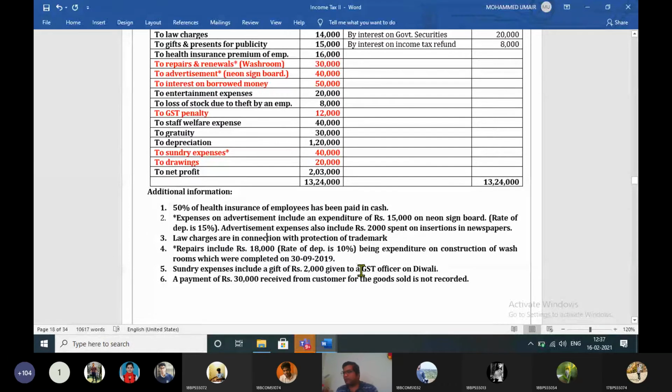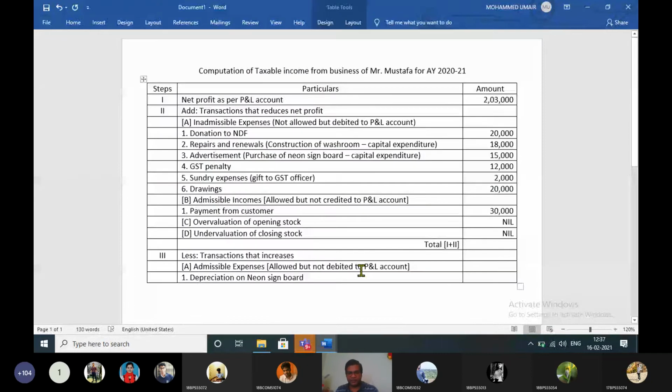So 15% is the rate of depreciation on neon signboard, 15,000 at 15%.